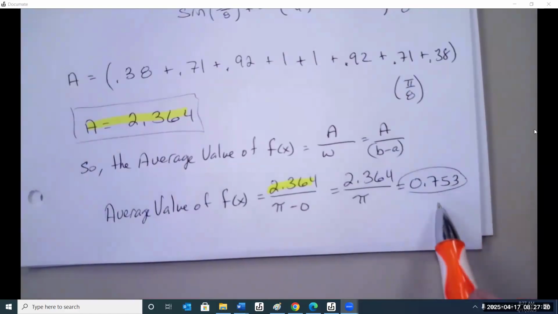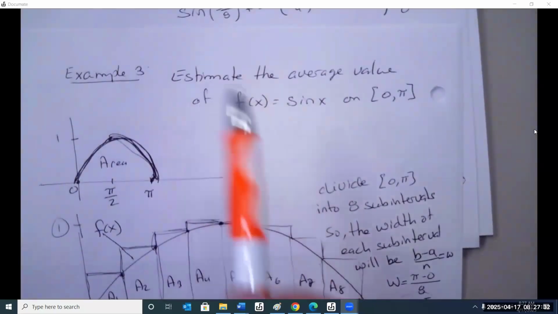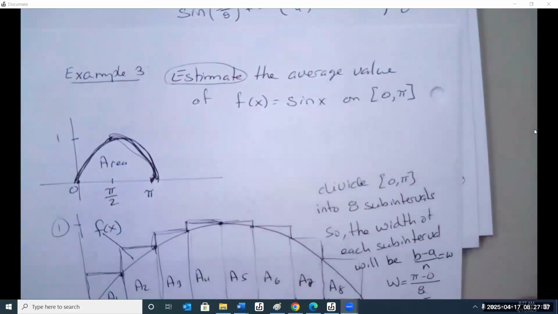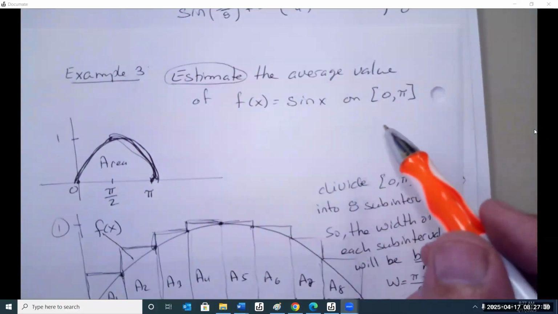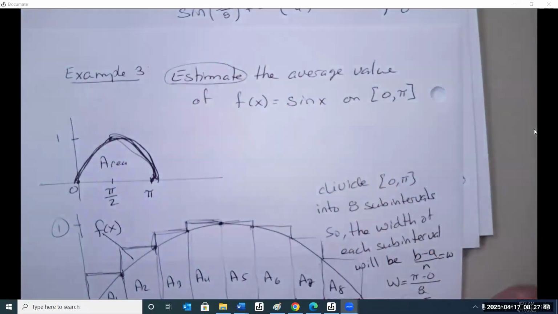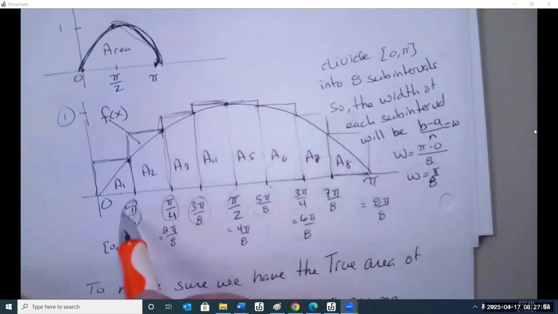What do we know about this value with respect to what we're actually looking for? Remember, what's the whole question looking for? That's why I said estimate. Estimate the average value of this function on this interval. So is this estimate going to be high or low? We have the area of this sine curve.